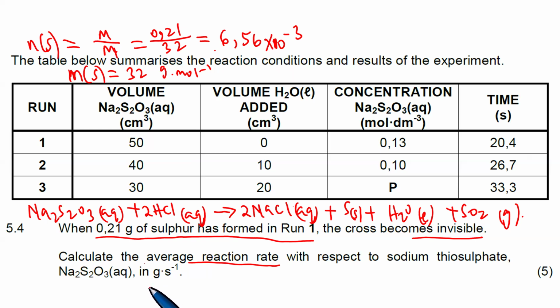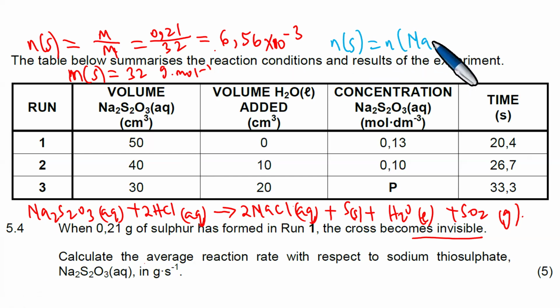When you calculate the average reaction rate, we proceed as follows. We already know that the number of moles of sulfur is equal to the number of moles of Na2S2O3, because it's 1:1.